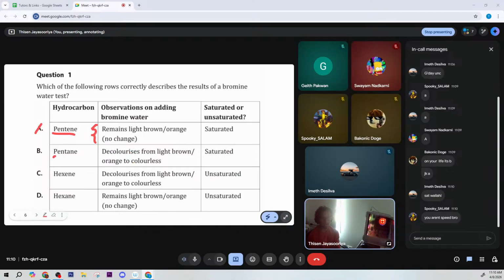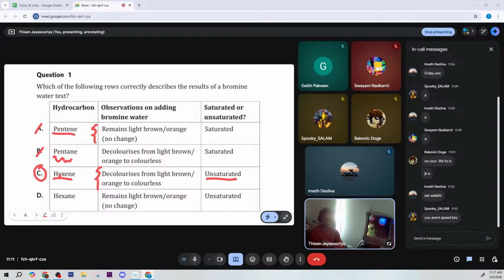No, this is an alkane. This won't react, yeah? So we have an unsaturated and we have a saturated, yeah? C, hexene decolorizes. It's not unsaturated though, yeah? And it won't decolorize because... oh wait, it will decolorize, my bad. This is hexene. It will decolorize, and this shows that it's unsaturated, yeah? Because it's an alkene. So the answer here is actually C.